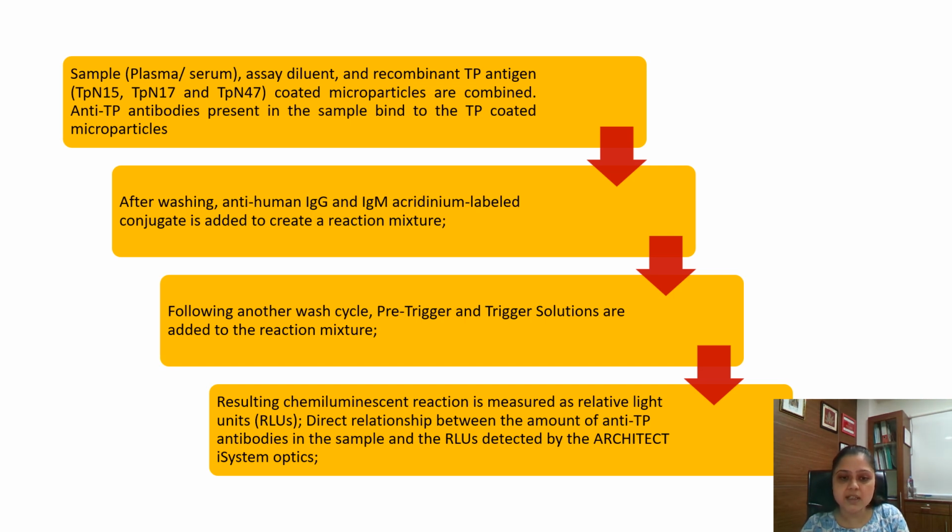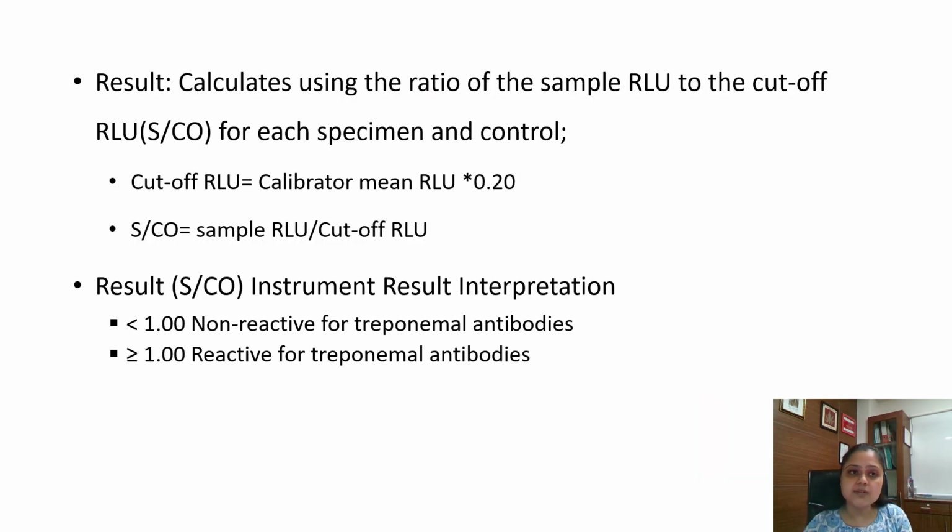The resulting chemiluminescent reaction is measured as RLU, that is relative light units. There is a direct relationship between the amount of anti-TP antibodies in the sample and the RLUs detected by the Architect system. Coming to the result, we calculate it using the ratio of the sample RLU to the cutoff.